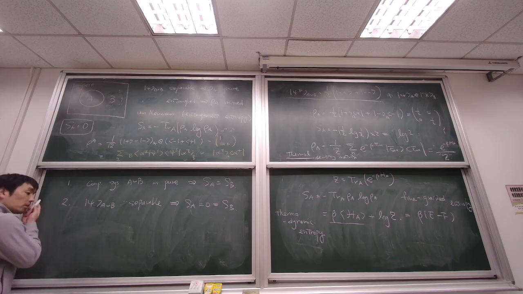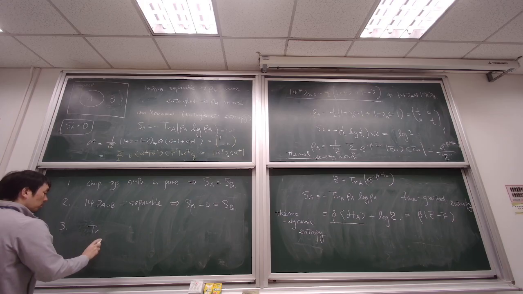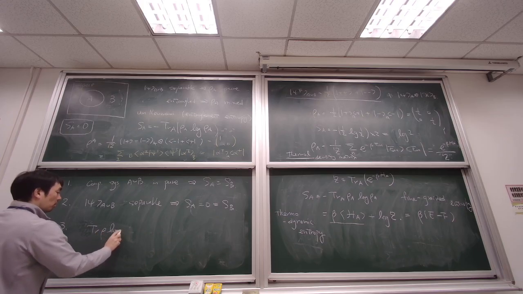Yeah, so the total system, von Neumann entropy, number 3, von Neumann entropy of the total system. So this is important: log of rho.